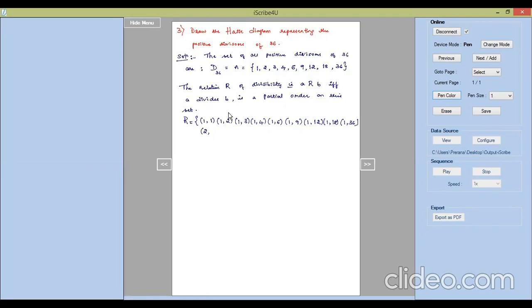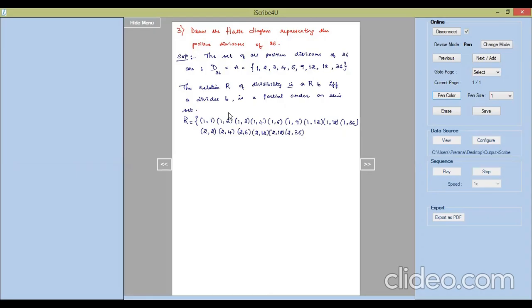So we have (2,2), followed by (2,4), (2,6), then (2,12), (2,18), (2,36).